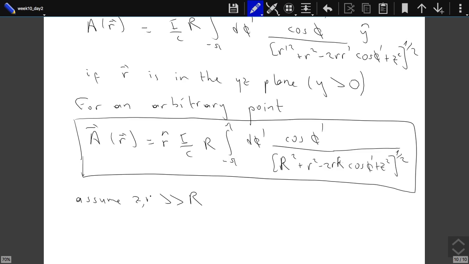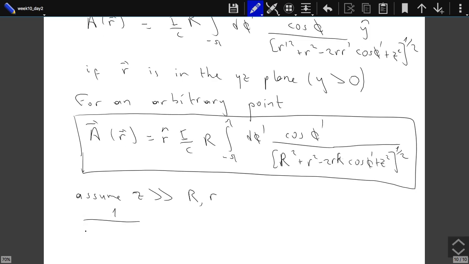Or let's see, we already have one solution along the Z-axis. We know the magnetic field. So we can try to calculate that magnetic field. So along the Z-axis, basically it's the Z that is the largest one. Z is much, much larger than capital R and small r. We are somewhere along the Z-axis, but far from our dipole. Now in this case, we have 1 over (capital R squared plus small r squared minus twice capital R small r cosine phi prime plus z squared) to the 1/2.